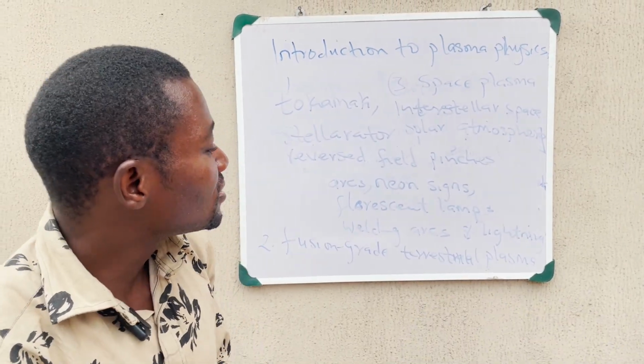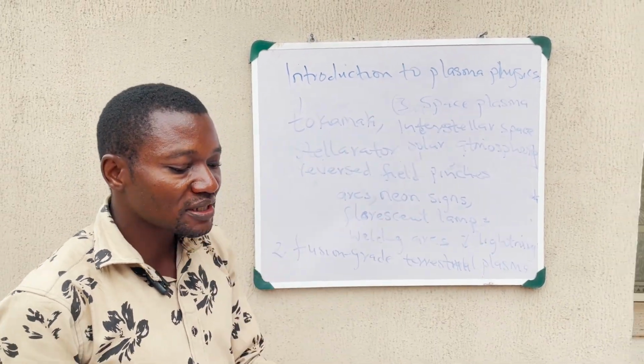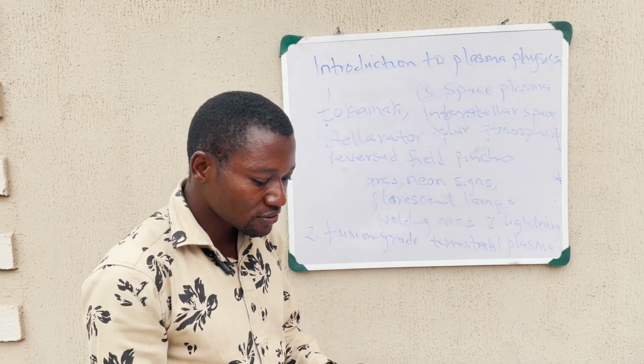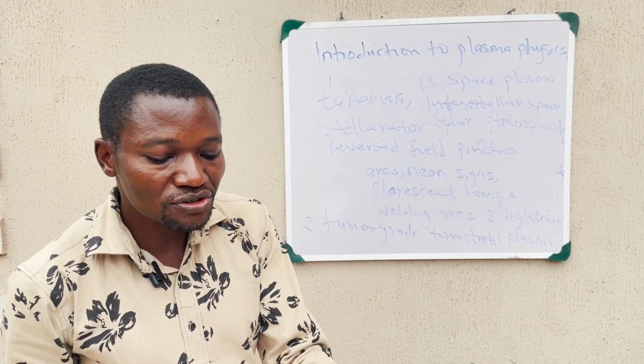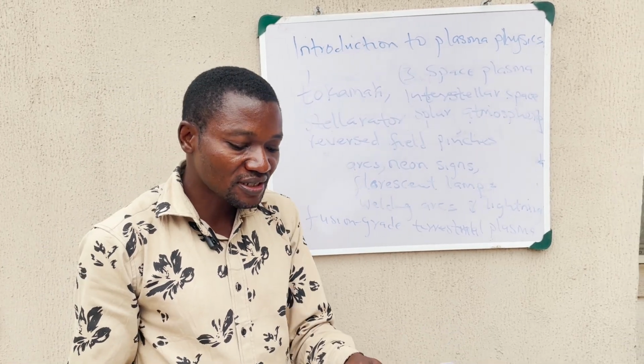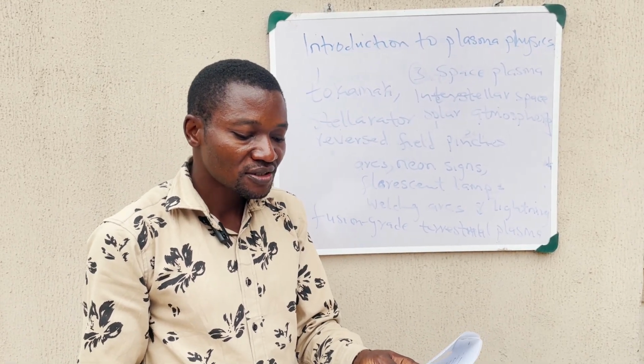So these are the three examples of plasma that we have: the non-fusion terrestrial plasma, the fusion grade terrestrial plasma, and the space plasma.